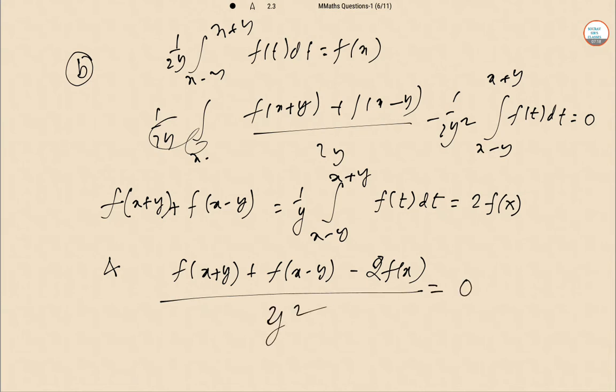So letting y tends to 0, we deduce that f''(x) will be equal to 0. So f(x) is equal to ax plus b. That's it, hence the final answer.